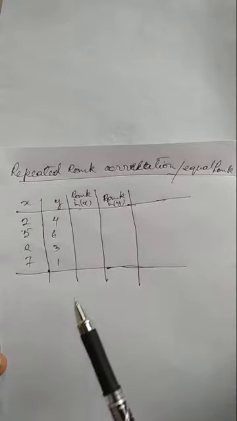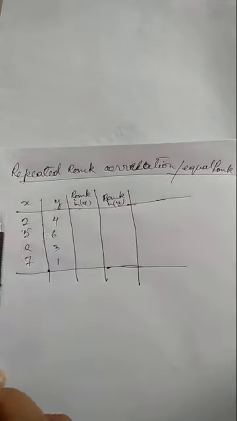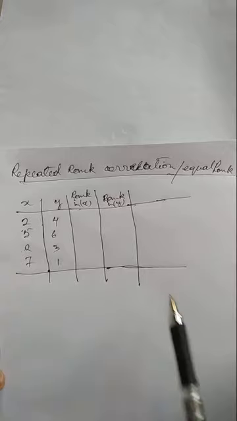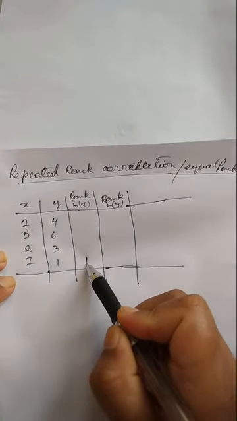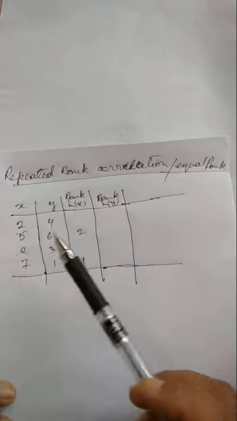For example, in our example of variables x and y, if two individuals are ranked equal, say the ranks in x are 1, 2, 3 and 4, and 3 and 4 are repeated.